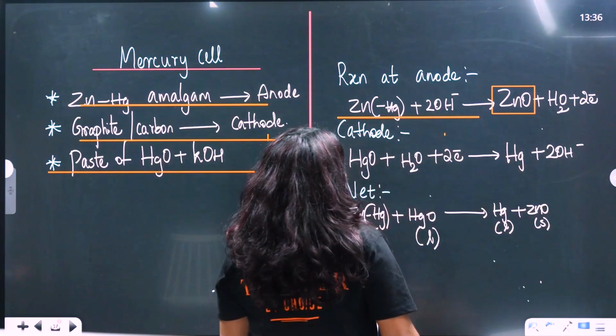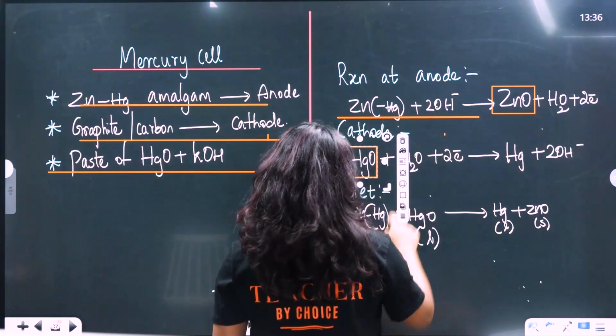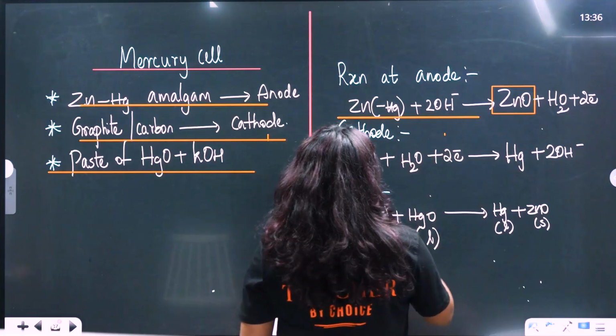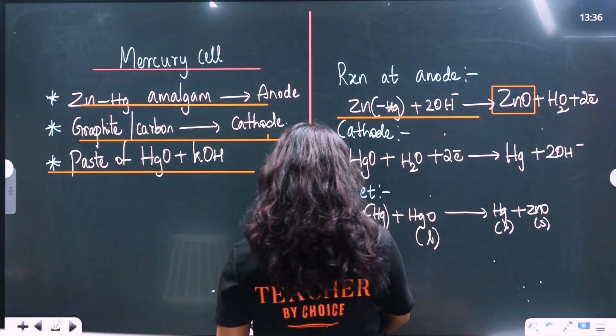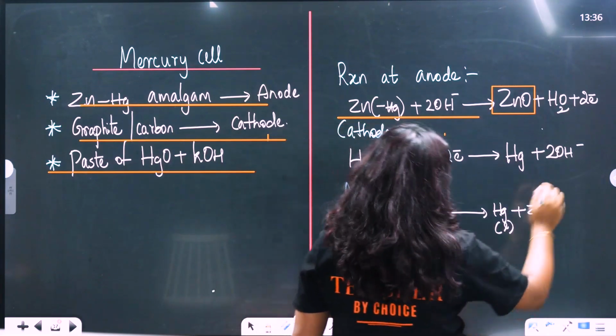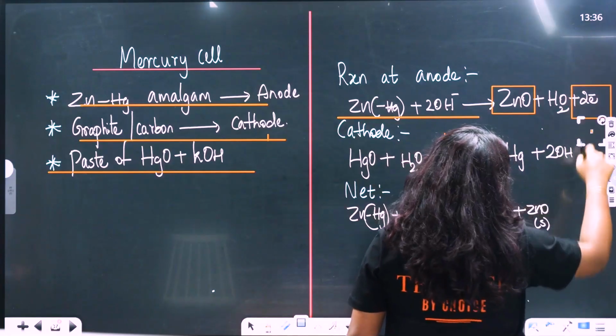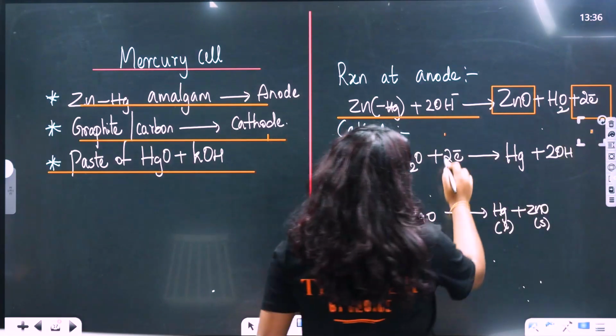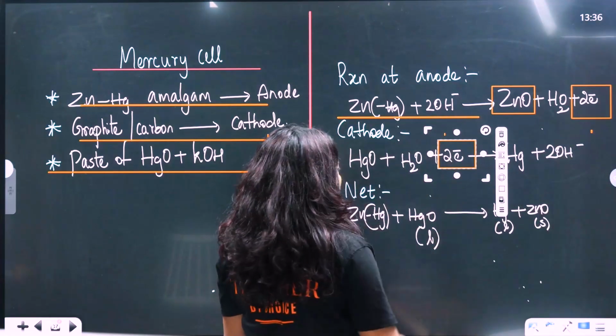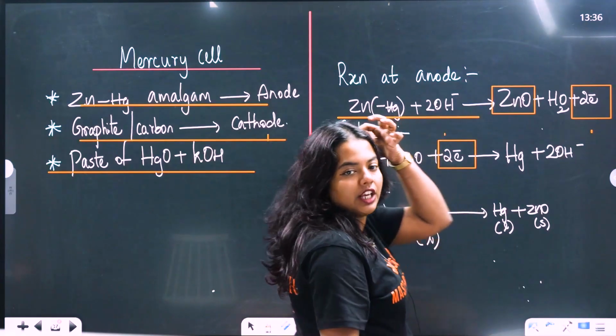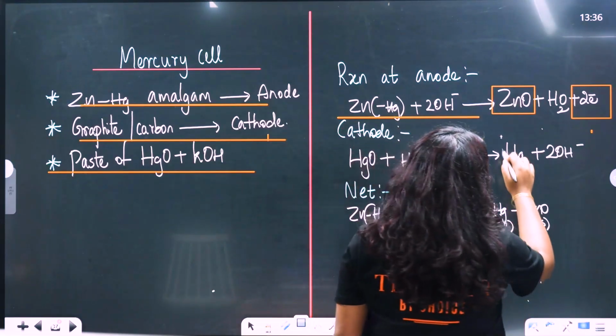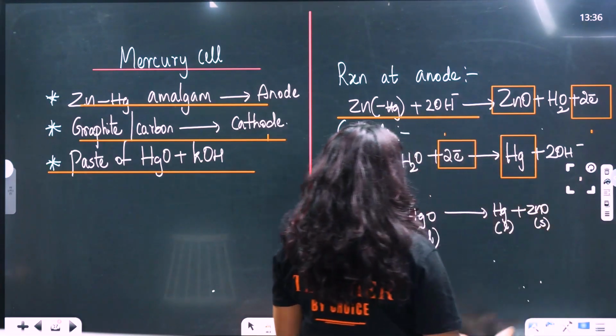At the cathode, HgO, mercuric oxide, joins in and they are liberating 2 electrons here. Who uses these 2 electrons? This particular HgO, in the presence of water, uses them and forms Hg and 2 OH minus. So it is like a cyclic process.